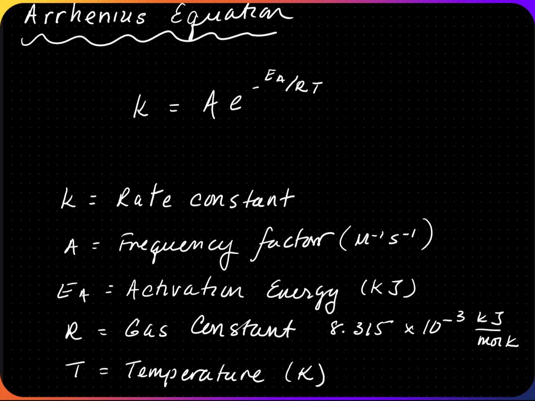Since energy is in kilojoules, we must use the gas constant in kilojoules, which is 8.315 times 10 to the negative third kilojoules per mole Kelvin. The gas constant needs to be multiplied by the temperature, and the temperature must be in kelvins, so the units cancel out with the gas constant units.